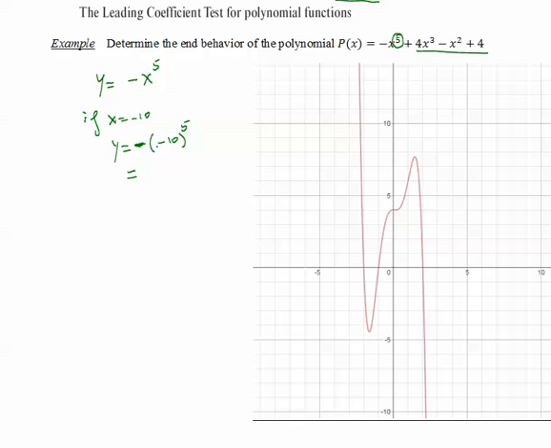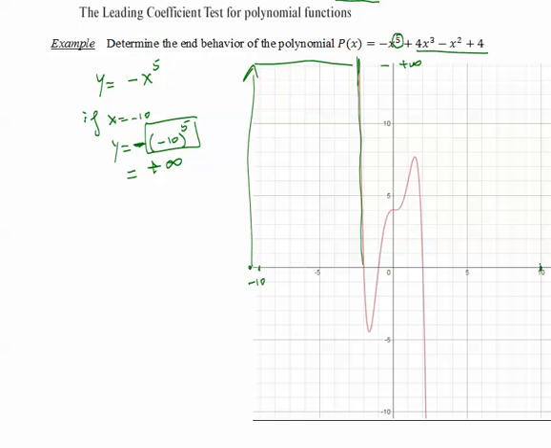This negative 10 to the fifth will be a negative number, and you multiply it with another negative, so the answer will be a positive number. So when x is negative 10, for example, all the way here, then the value of the function will go toward positive infinity, and that's why the graph is right here on the positive side.